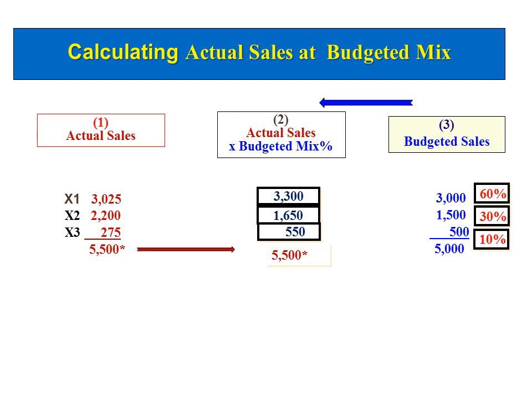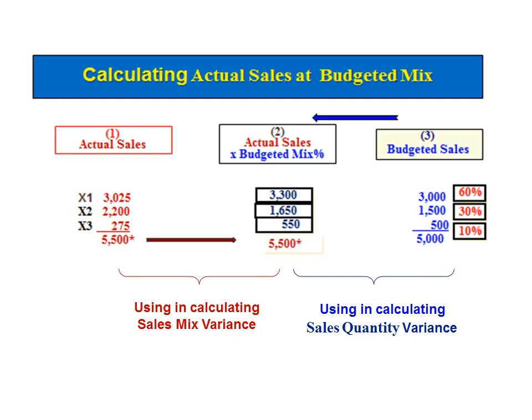See, here I have 3 kinds of units: actual units, actual units using budgeted mix percentage, and budgeted units. Okay, I will use the difference between 1 and 2 to calculate mix variance, and I will use the difference between 2 and 3 to calculate sales quantity variance.